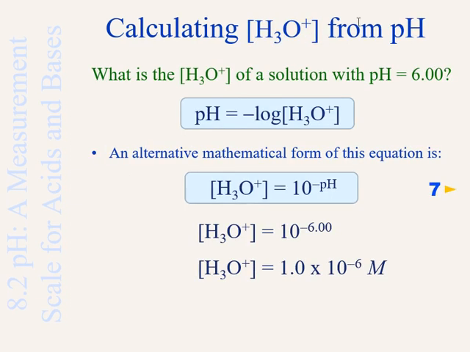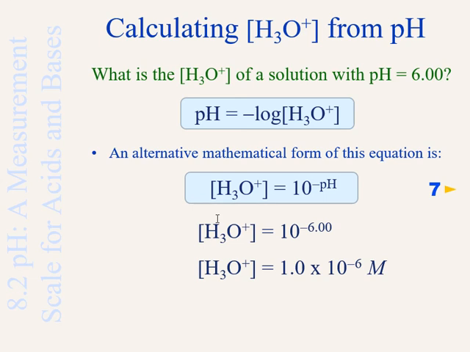Calculating H3O+ from pH now, the other way around. If this is the equation for finding the pH, the inverse equation, if you know your math, is to raise both sides to the power of 10, and the log function and the power of 10 function are inverses of each other, so they will cancel out. On the right here we will just end up with the H3O+ concentration, while here we will have 10 raised to negative pH when we divide both sides by this negative term.